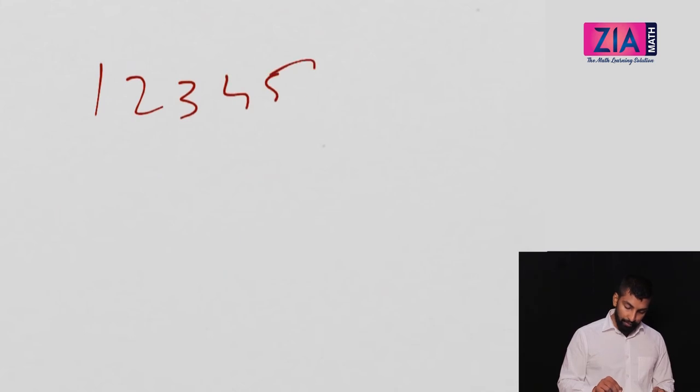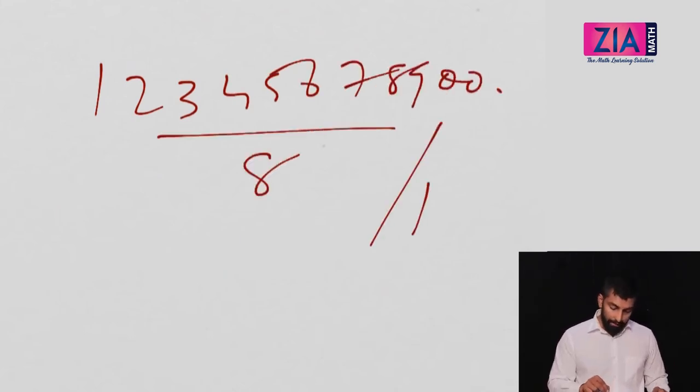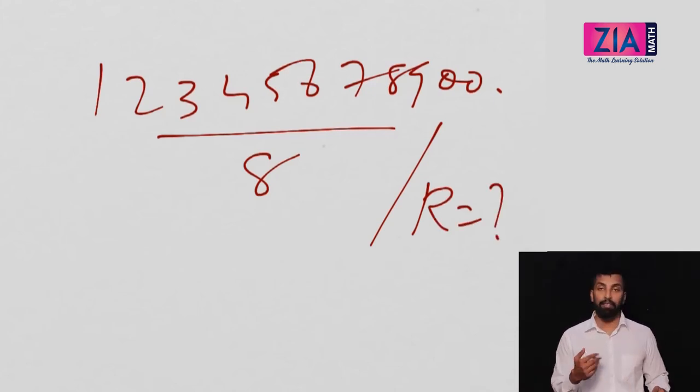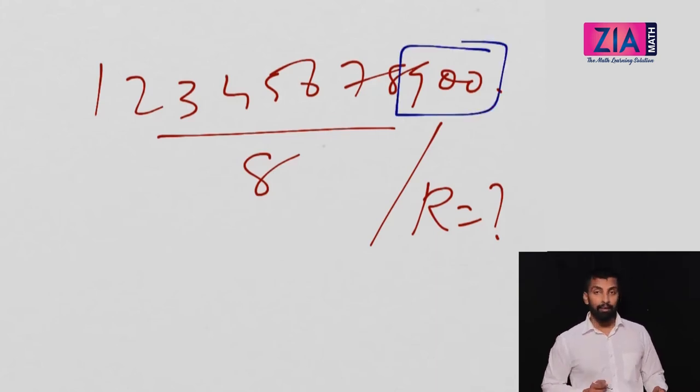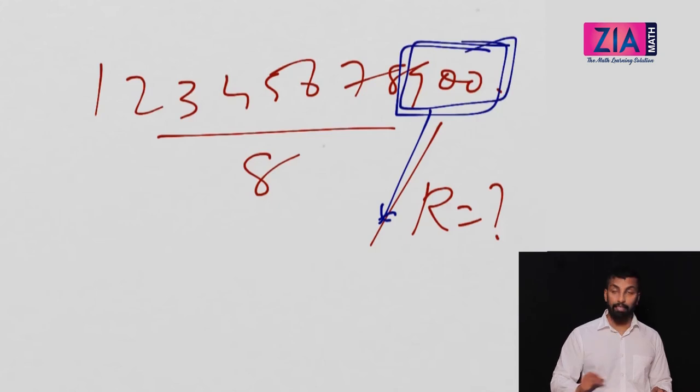If you get a number 1, 2, 3, 4, 5, 6, 7, 8, 9, 0, 0 divided by 8, what is the remainder, if that is the question? Rather than dividing the bigger number with 8, you can just take out the last 3 digits, 900, and divide. So what is the remainder? In the first second you understood that the last 3 digits is what is required.